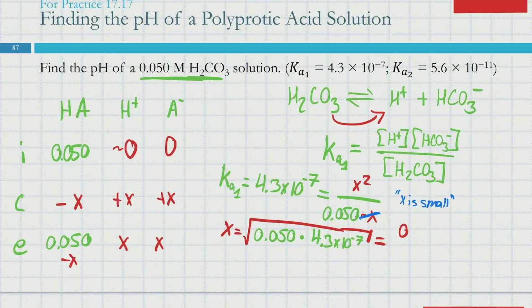So X is 0.00014... and it'll have units of molar. If we compare that value to 0.05, it's 0.29%, well below our 5% threshold, so our X is small works really well here. So this X value that we got is the same as our H plus or our H3O plus.